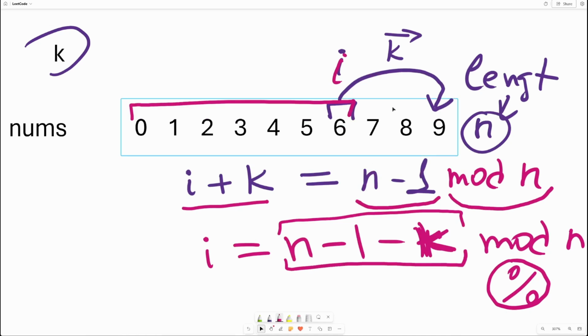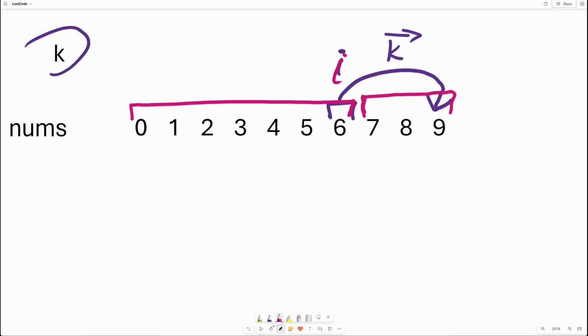Now the second reversal will be this. So this is our second reversal. Now the problem is these numbers may not exist, which means, say, if k is a multiple of n, if it's a multiple of the length of the array, then we're basically not even shifting anything.